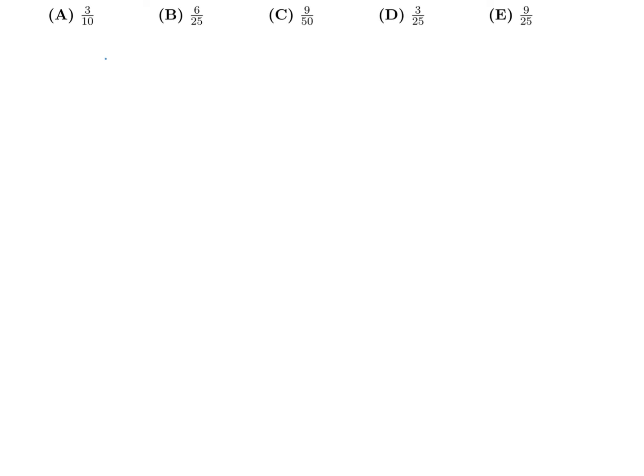So Arjun initially starts with R, R, G, Y, V, right? Red, red, green, yellow, violet. And Becca has B, B, O, black, black, and orange. Correct? So this is Arjun. And this is Becca. Got it? Okay. So Arjun moves first.